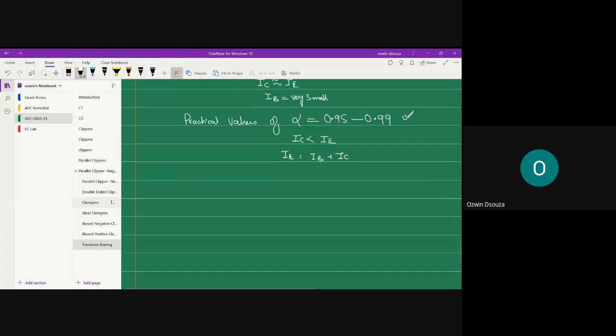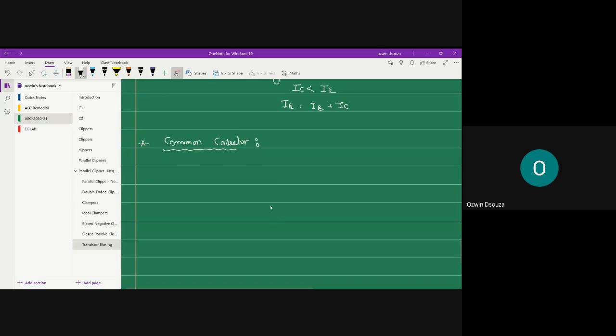And the final configuration what we have is common collector. In case of common collector configuration, the collector terminal is made common to the input circuit as well as the output circuit. So this is your collector terminal, base terminal, and this is your emitter terminal.